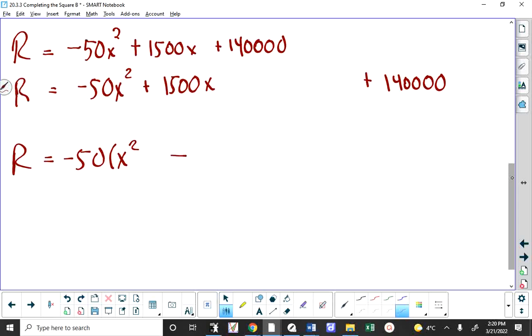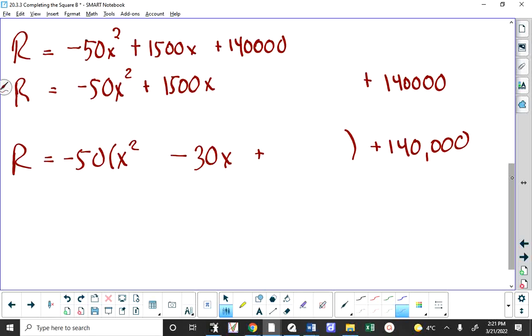So I need to figure out now, what do I get when I factor negative 50 out of 1,500? And I believe it's negative 31, but I don't know for sure. Just negative 30. Yeah, right. So I get minus 30x. And now I'm all prepped and ready to go for that almost final step of completing the square.